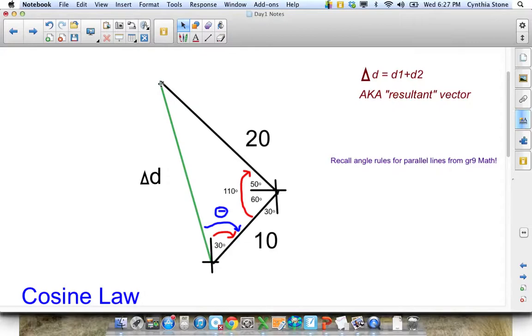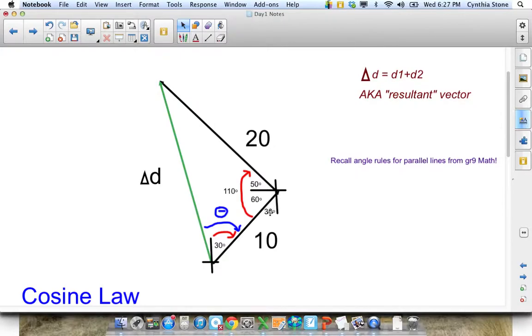Now just looking at these angles again, so the 30 degree and the 50 degree should be clear. There's this little 30 degree angle in here, and how I got that is, if you remember grade 9 math, the Z rule. Watch my mouse tip here. It's following along a Z pattern. And that means that this angle and this angle have to be the same.